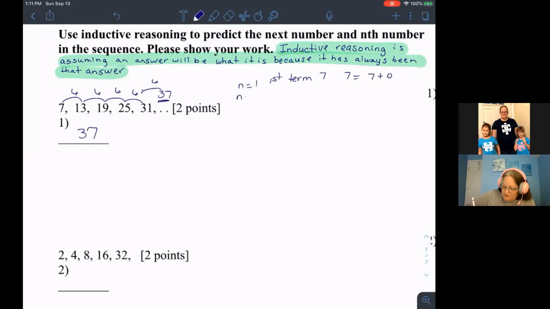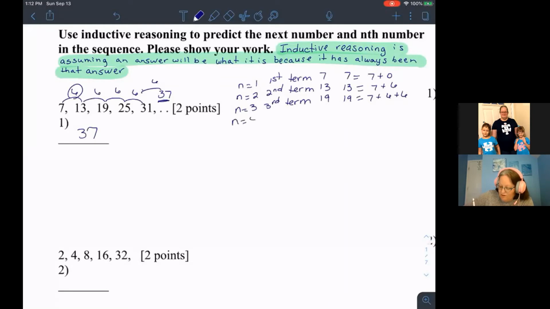For n equals 2, the second term, we have 13. So 13 is equal to 7 plus 6. And then the third term, we have 19. 19 is equal to 7 plus 6 plus 6.